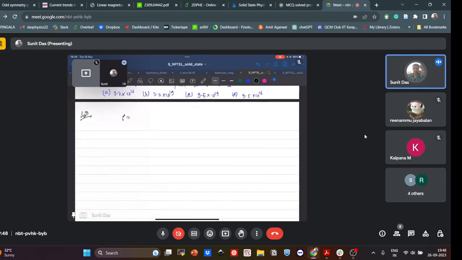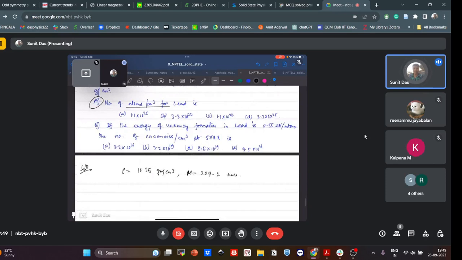We are given density is 11.35 gram per cm cube, and atomic mass M is 207.2 atomic mass units. We need to find the number of atoms per unit volume, right?